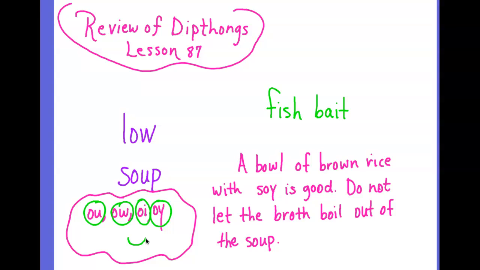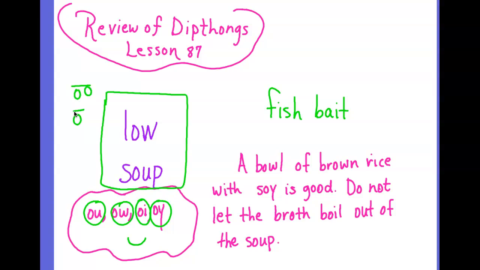We have an O sound. So you could have this sound OO, like soup. It has an oo sound. And then you also have OW that can make a long O sound. And that is what our examples coming up are going to do.